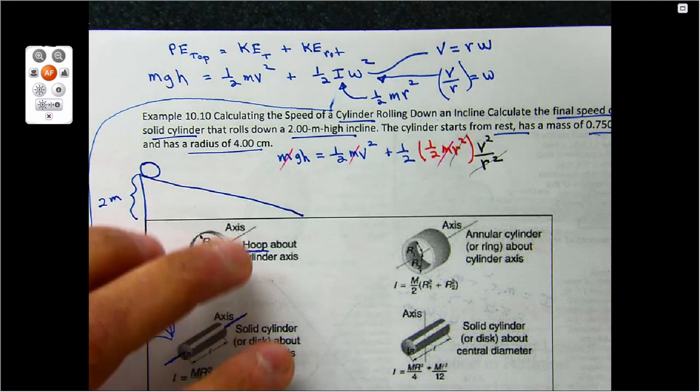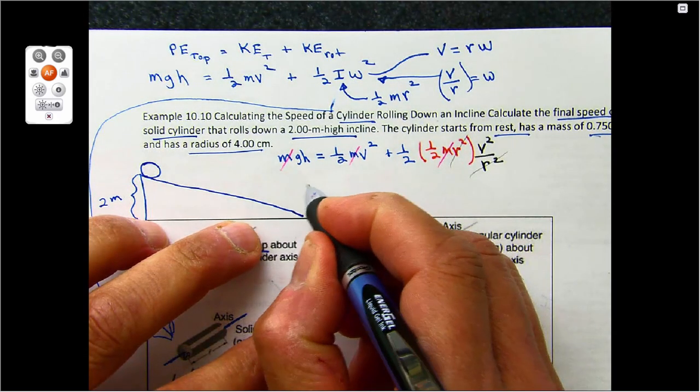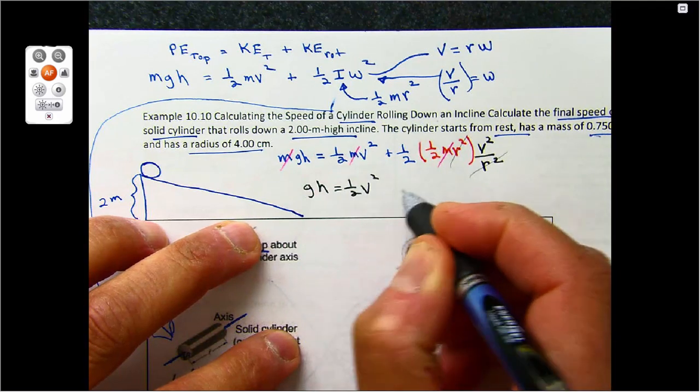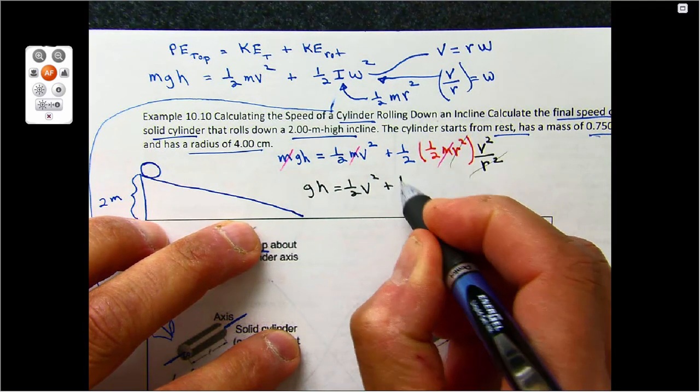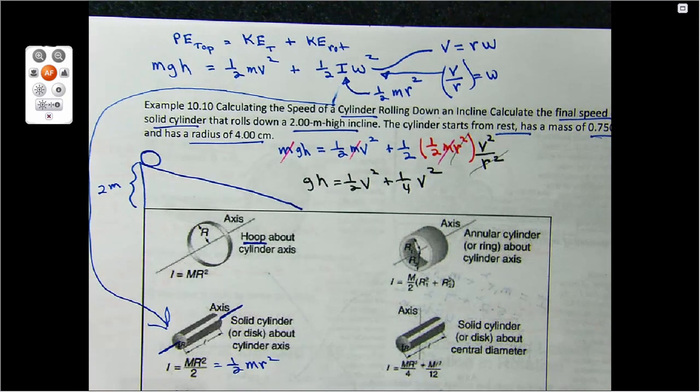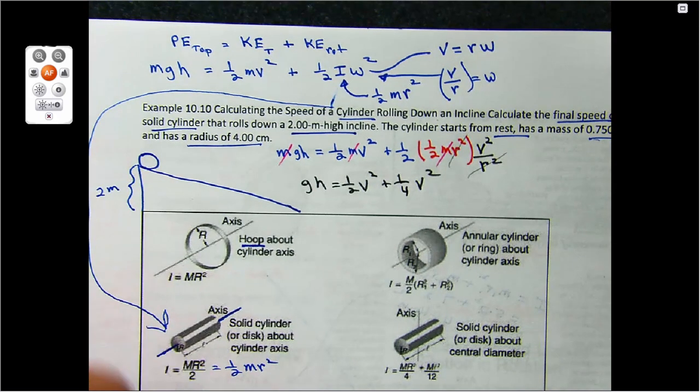So if I clean this up now, I have GH equals 1/2 V squared plus 1/4 V squared. Mass is gone.